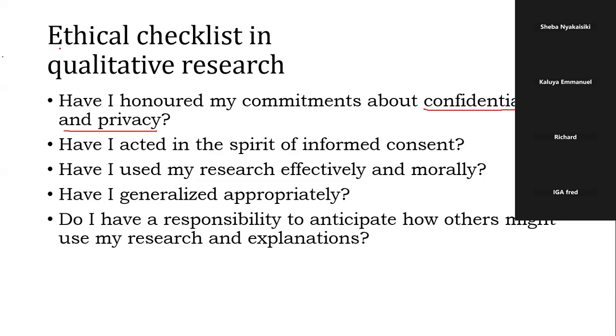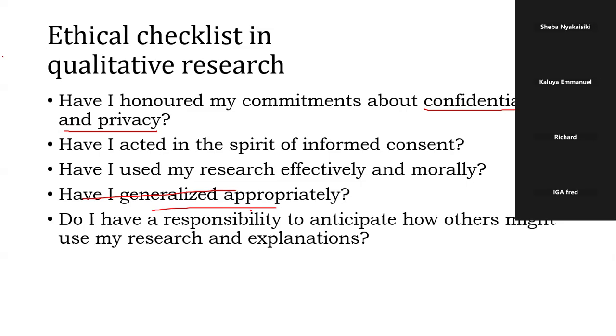Then also the question, of course, of biases. Then how can I generalize appropriately? One of the ways we can generalize is that the case study where I'm doing my observation, let me first relate it to any other context.